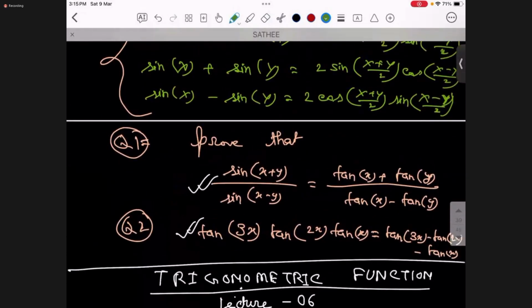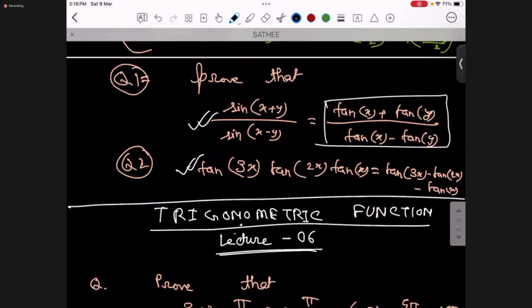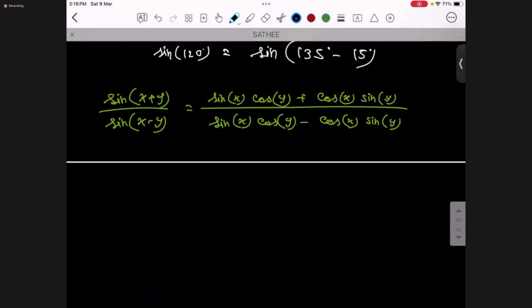Now, what are they asking here? They are asking for the expression in terms of tan, and we obtain the form like this. Now, how can we get an expression with respect to tan? For that, we need to divide the function by some cosine function.